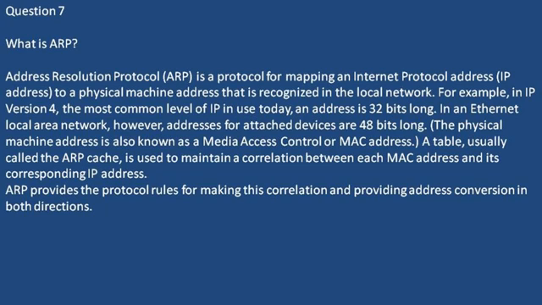The physical machine address is also known as a Media Access Control or MAC address. A table, usually called the ARP cache, is used to maintain a correlation between each MAC address and its corresponding IP address. ARP provides the protocol rules for making this correlation and providing address conversion in both directions.